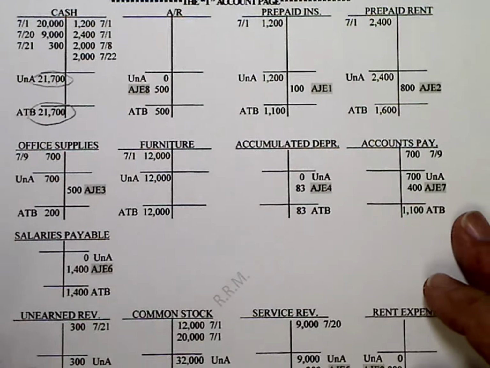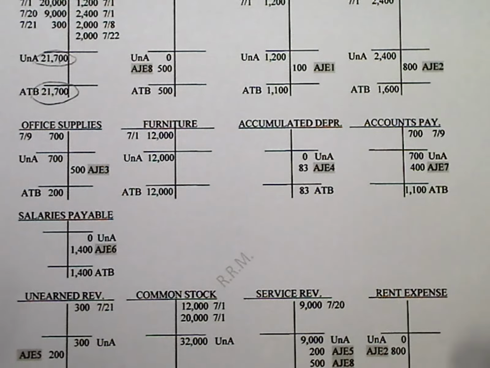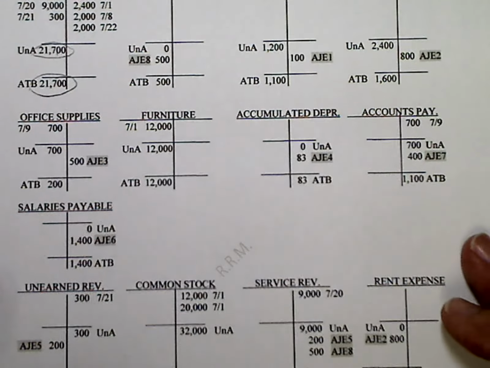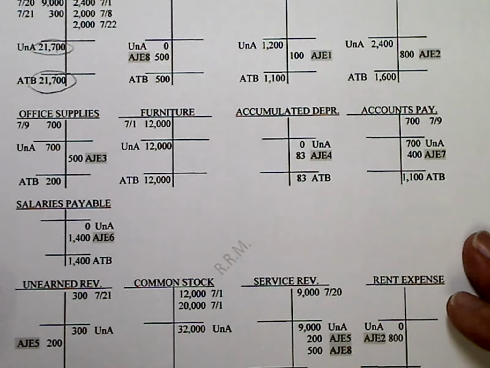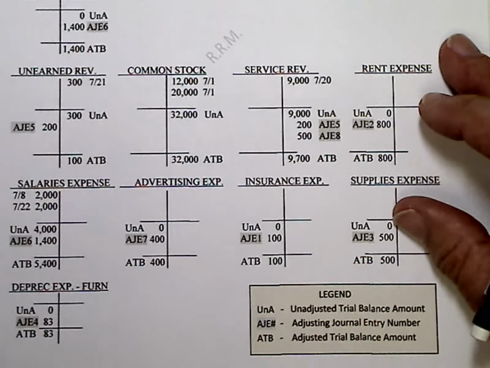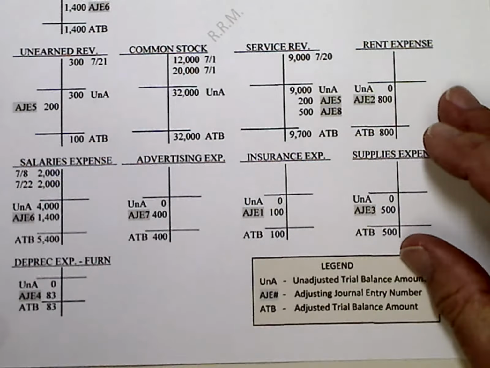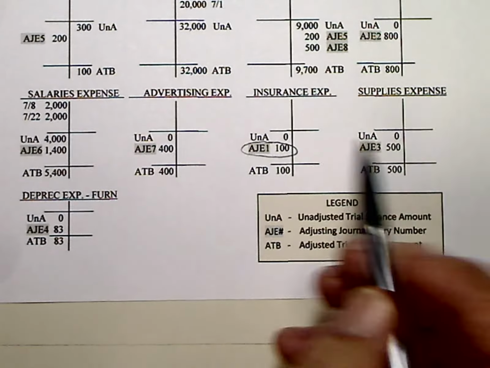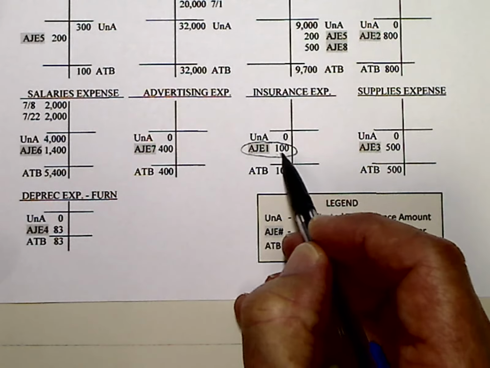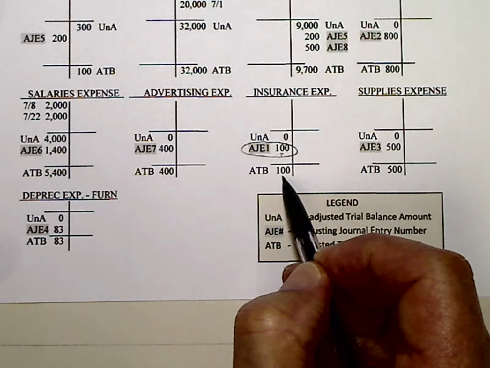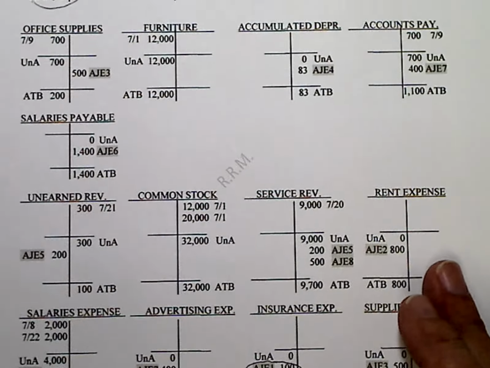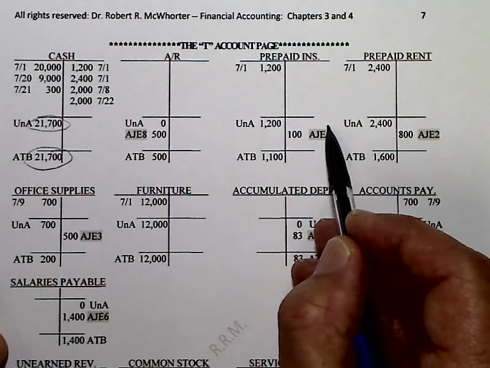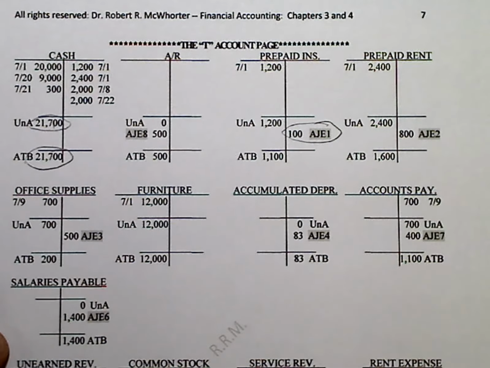But now each and every one of our adjusting entries we post over here and reflect it on these T accounts. Let's see, what was the first one? It was the prepaid insurance. What did we, let's see, here it is, insurance expense. We post that. We debited, look at adjusting journal entry, we debited rent expense $100, and we credited, let's see, where's prepaid rent? Prepaid insurance. Here it is, prepaid insurance. That's what we did.